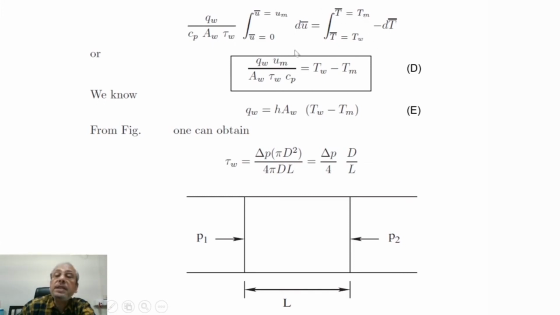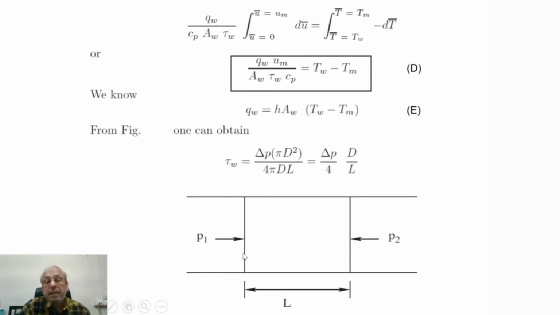Now if we do this, we will get QW into UM divided by AW into tau W into CP equal to TW, the wall temperature, minus the bulk mean temperature. On the other hand, we know QW, if we express it by Newton's law, we can write h AW into TW minus TM, wall temperature minus bulk mean temperature, given by E.